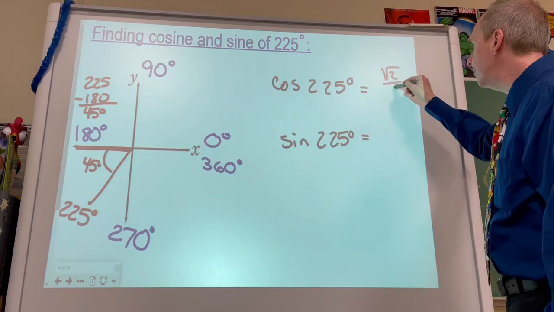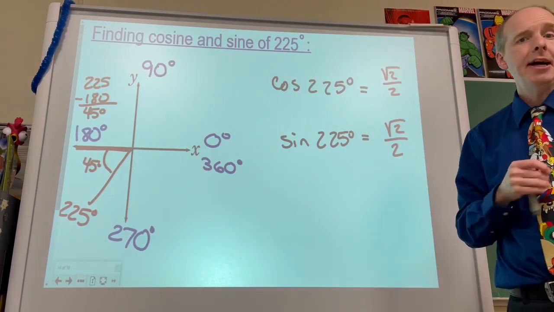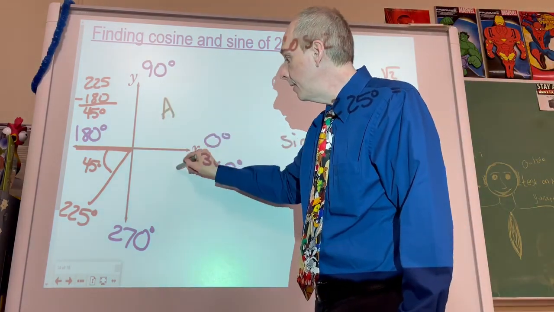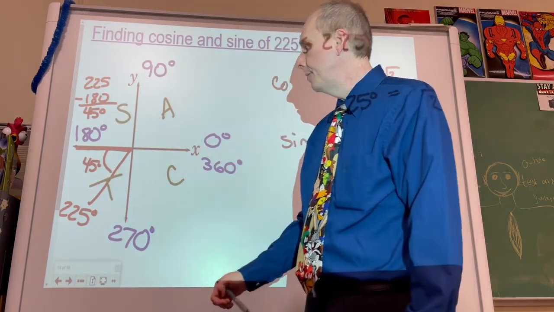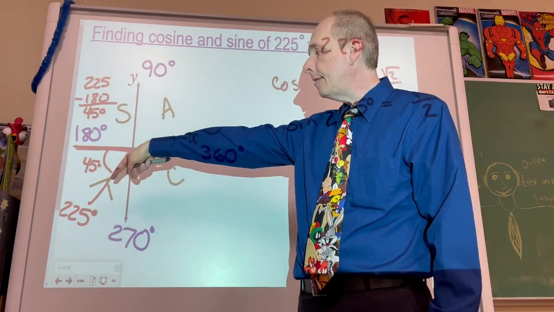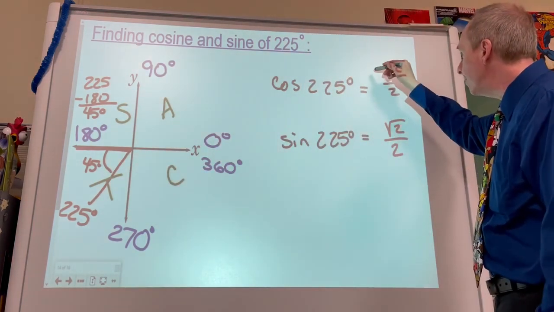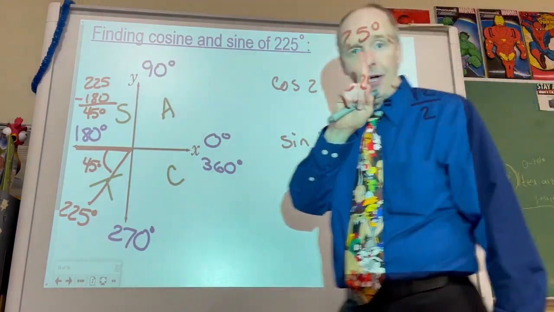Radical 2 over 2, radical 2 over 2. We just need to worry about positive or negative. So think back to your ACTs. T is positive in this quadrant. So that means your sine and cosine are negative, tangent is positive.